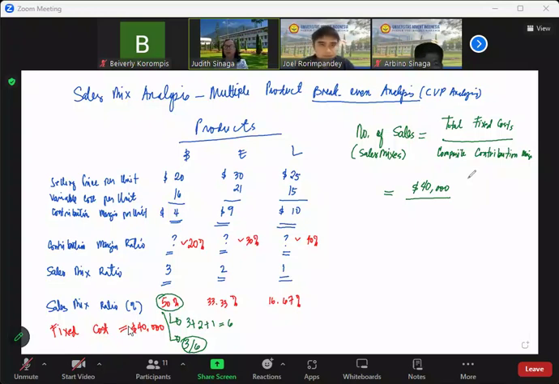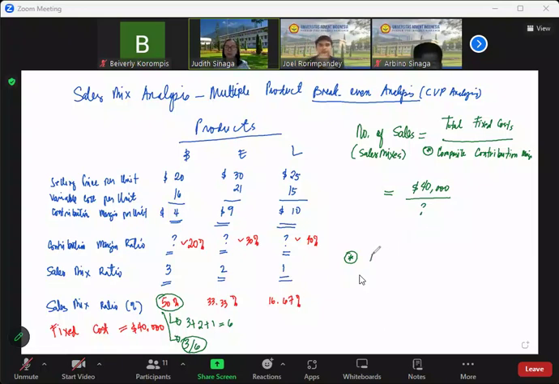How do you solve for this? So let's solve the composite here. This is unknown, so we look for it first.